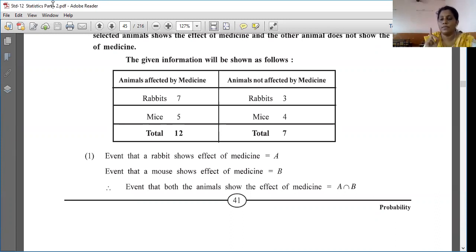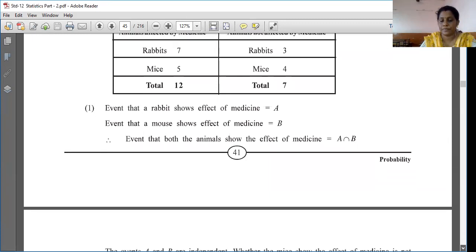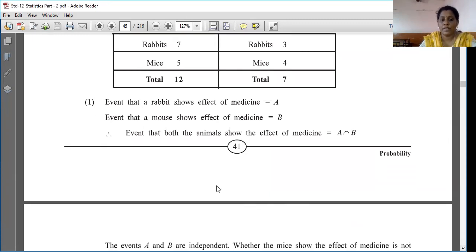Means we have to select one from each group. That was the condition. Select one animal from each group. So two animals will be selected in total. So first one is A, the event that a rabbit shows the effect of medicine, and event B is the event that a mouse shows the effect of medicine. Okay. So the event that both the animals show the effect of medicine. Both आ गया ना, तो intersection. Both means that rabbit and mouse, both.